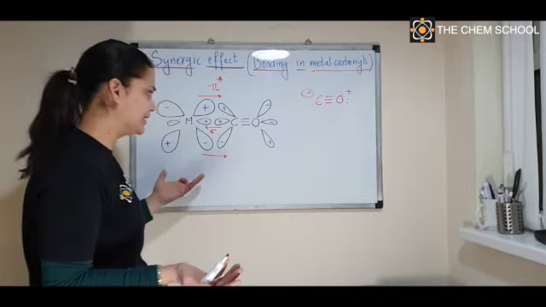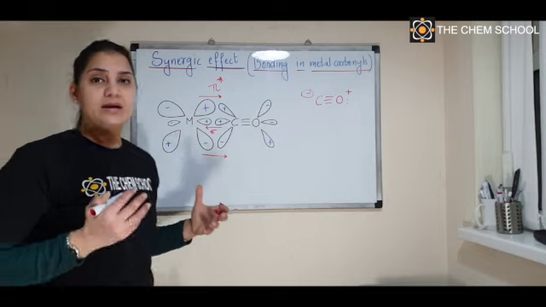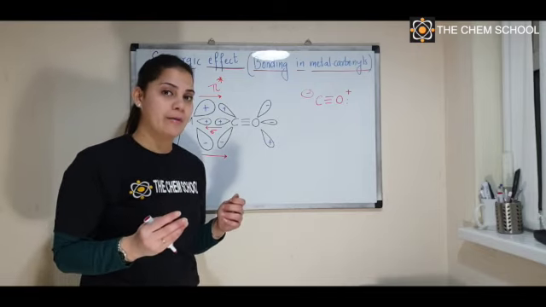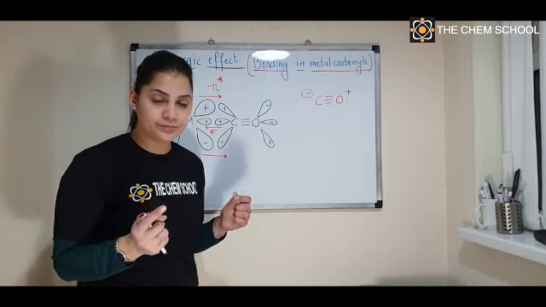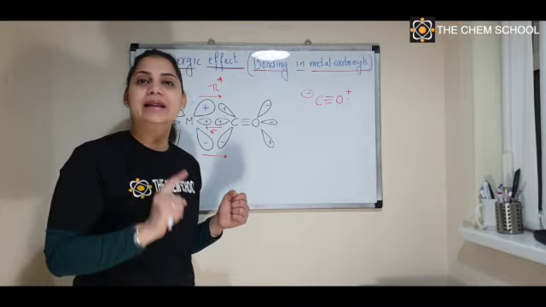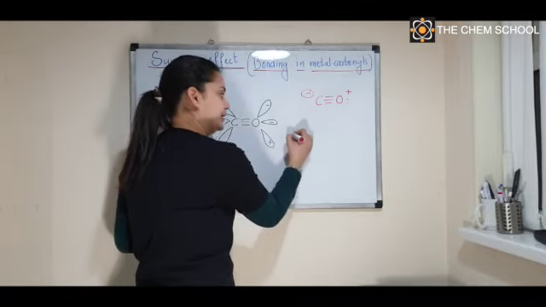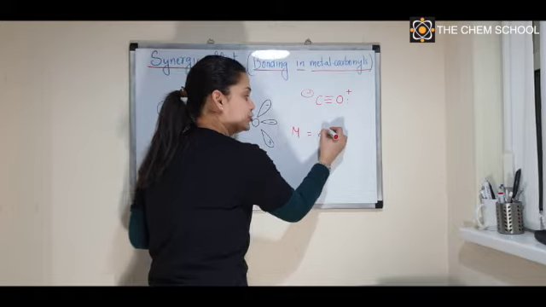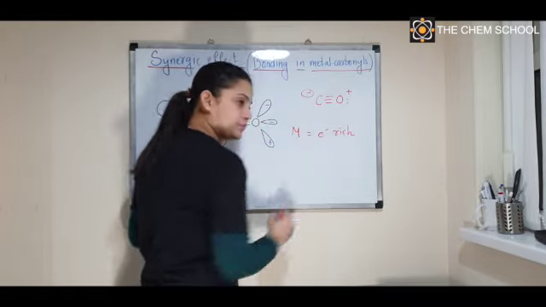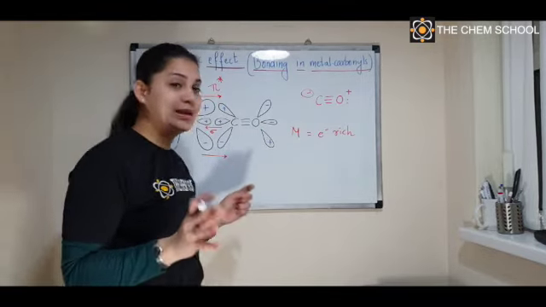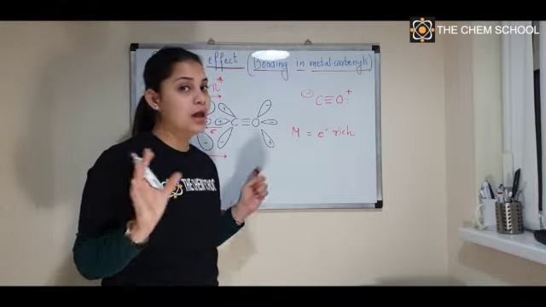As simple as that. Now, what are the important things that you need to remember? The first one, this effect will only take place when your metal is electron rich. I repeat, this will only take place when your metal is electron rich.